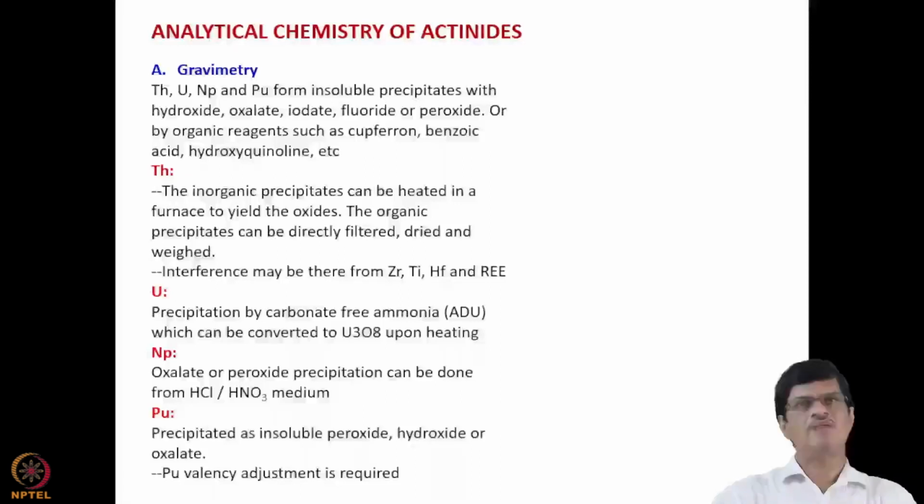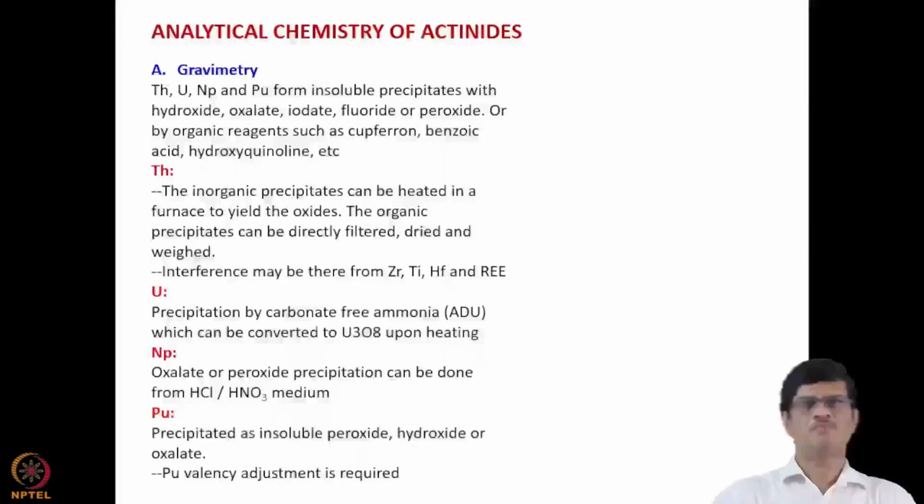And these actinides form insoluble precipitates in their +4 oxidation state with hydroxide, oxalate, iodate, fluoride or even peroxide. It can also be done by organic reagents such as cupferron, benzoic acid or hydroxyquinoline, and those precipitates can be filtered and estimated by the gravimetric method.